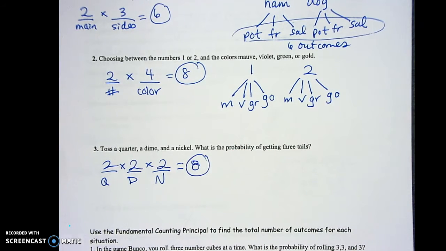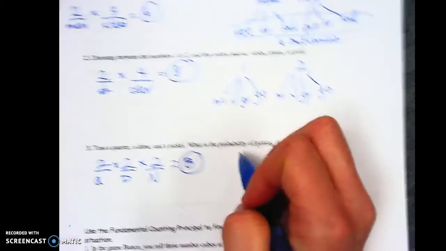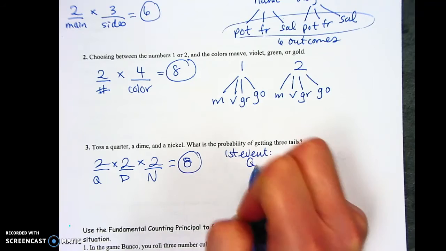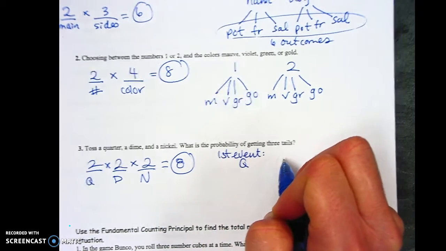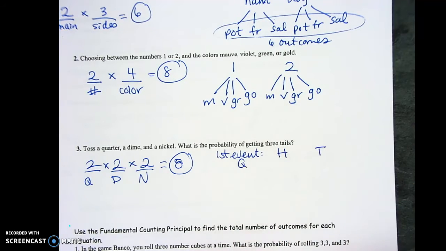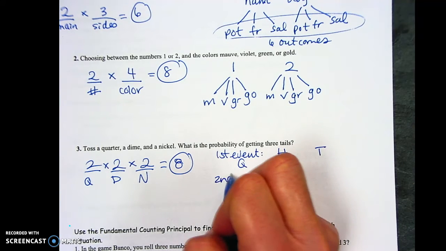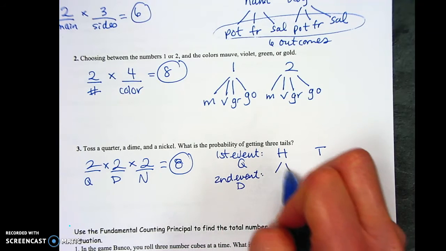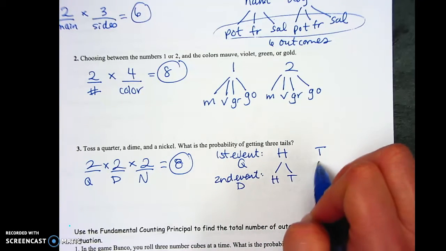Now let's draw this. Now this is the first time we've seen 3 events happening. So our branches are going to be longer. First event. So give yourself some space here. First event was the quarter. So 2 options again. You could have flipped a head, H for head, or T for tails. The second event was flipping a dime. So I could get, again, heads or tails.